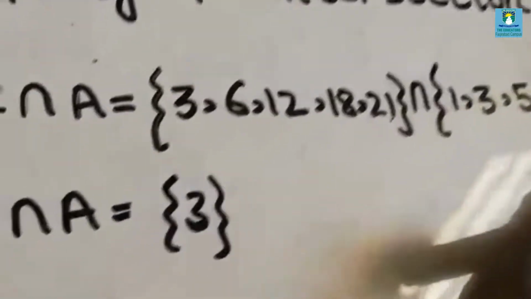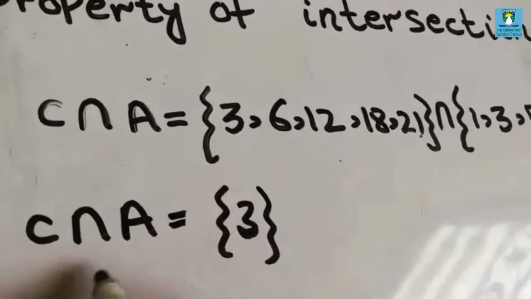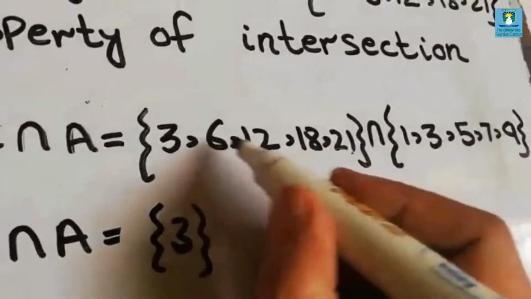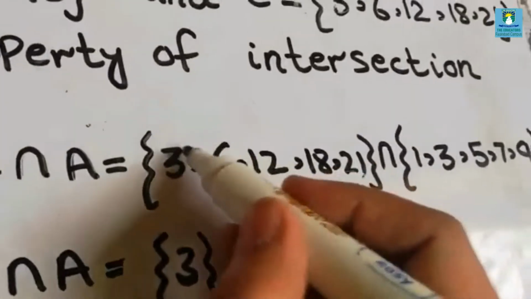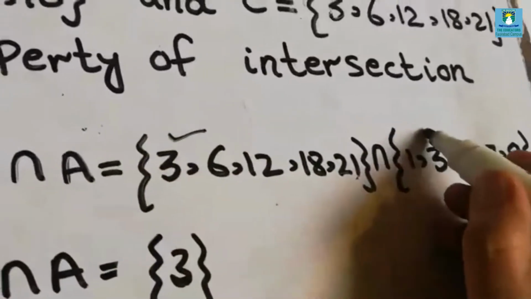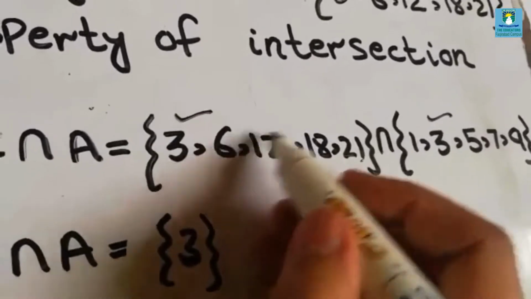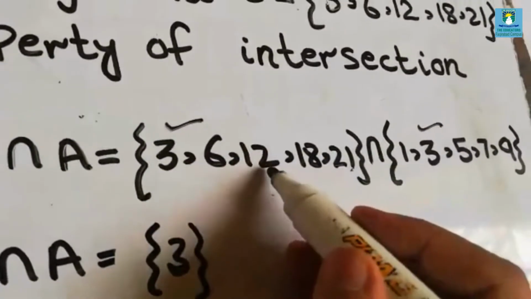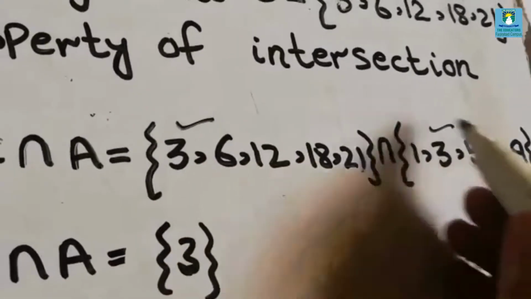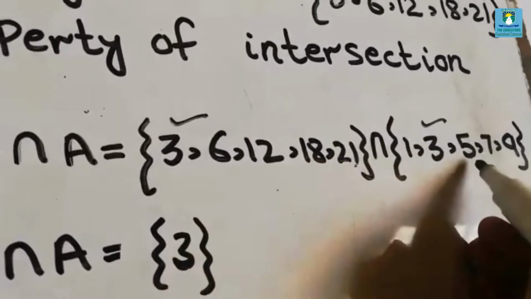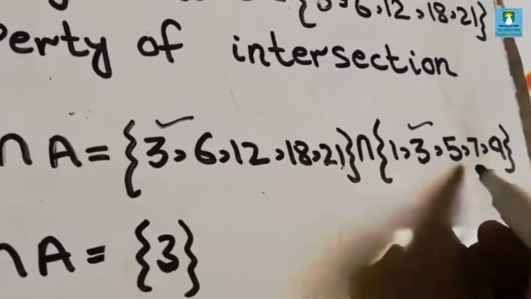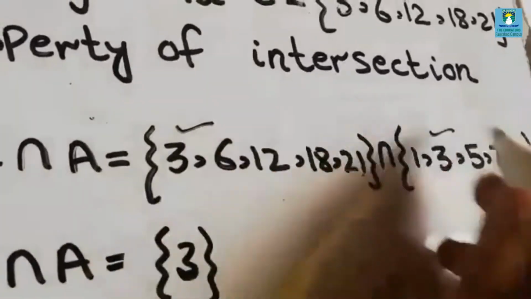Now we have to find out what is common in C intersection A. First 3 is common. So we will write here 3. Move to next 6. There is no 6. Again 12. There is no 12 in set A. 18. There is no 18. So 21 is not common in these two sets.